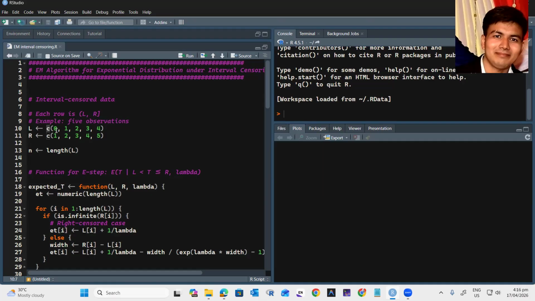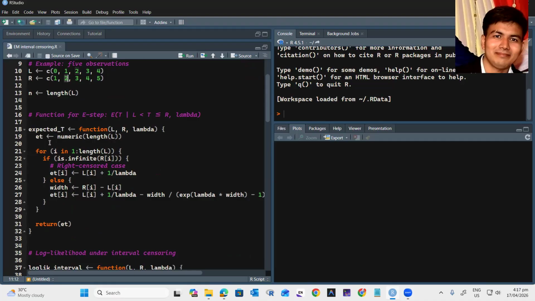All right, for example, the first observation lies between 0 and 1, and the second lies between 1 and 2, and so on. And length of L returns the number of elements in the vector L, assigned to n, basically the sample size.